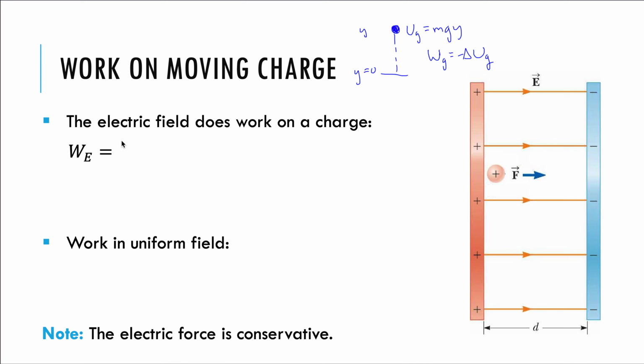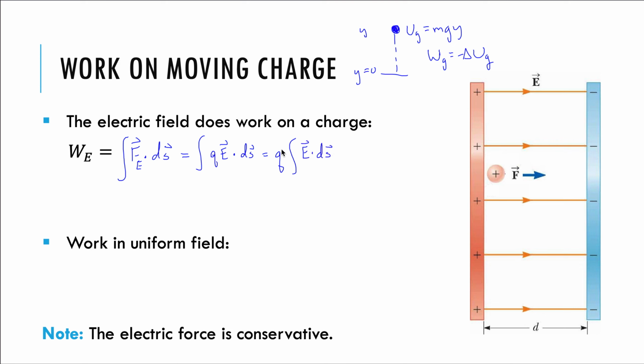The work done by the electric field is the integral of F dot ds, where F is the electric force, which is Q times E. So the work is the integral of QE dot ds. We can take the charge out of the integral, so we have Q times the integral of E dot ds.